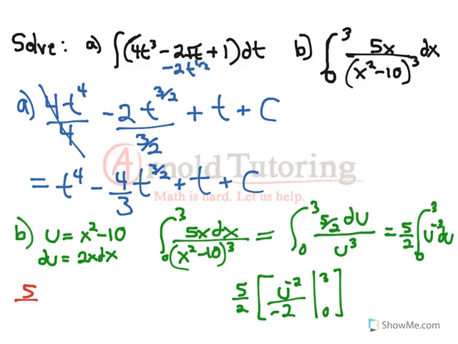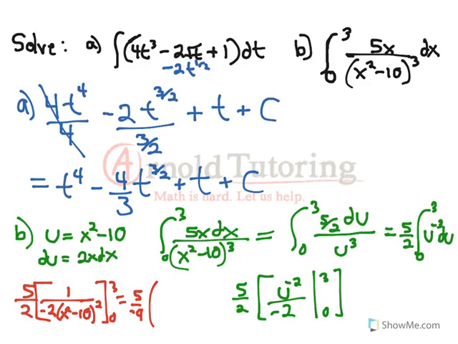So we've got 5 over 2. Instead of u, we called that x squared minus 10. So it was 1 over negative 2 x squared minus 10 to the 2. I put it on the bottom because the exponent was negative 2, and we're going to evaluate that from 0 to 3. So now it just becomes 5 over negative 4.